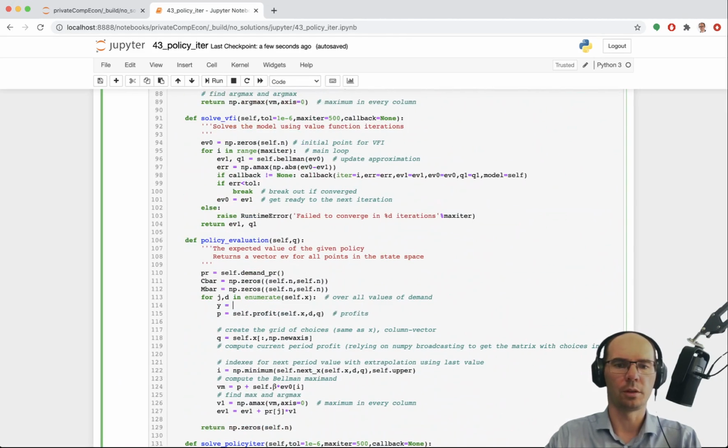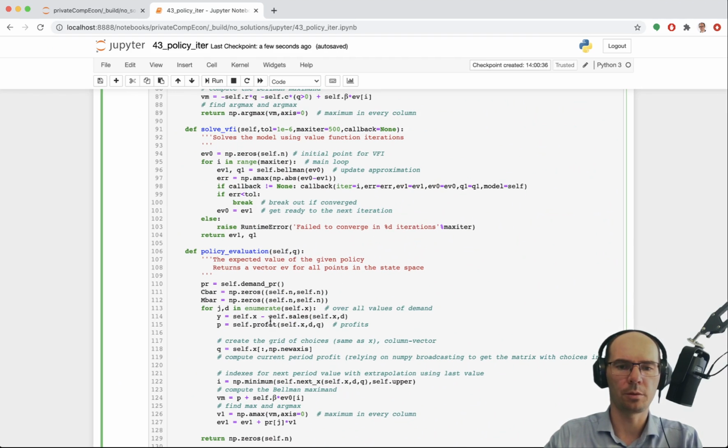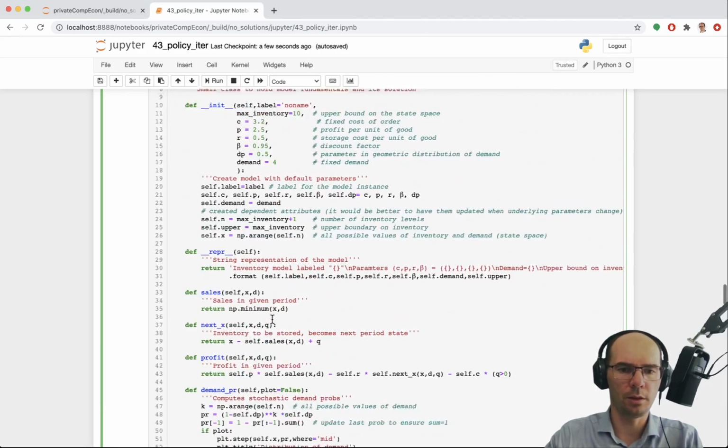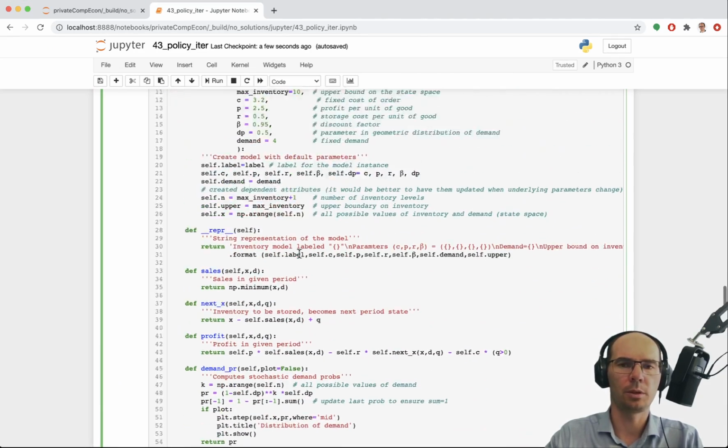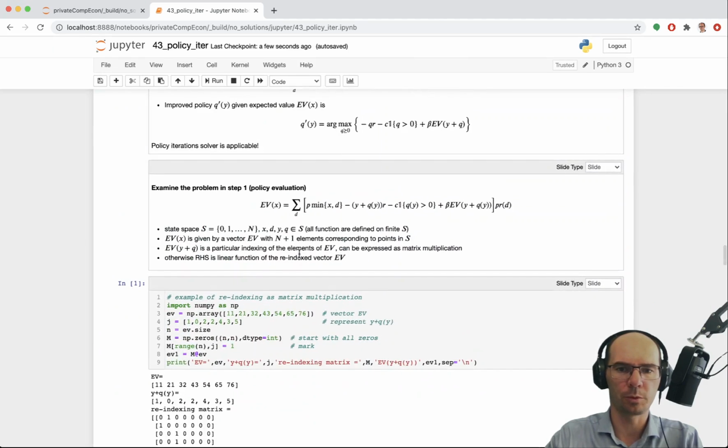Policy evaluation here. So Y is X minus self sales of X and D, where by X I mean all X's, so the whole grid of X. So what's going to happen here? Sales xd, sales is going to take us the minimum between x and d, and that's going to be subtracted from x.